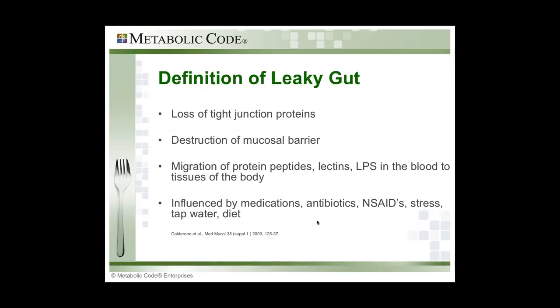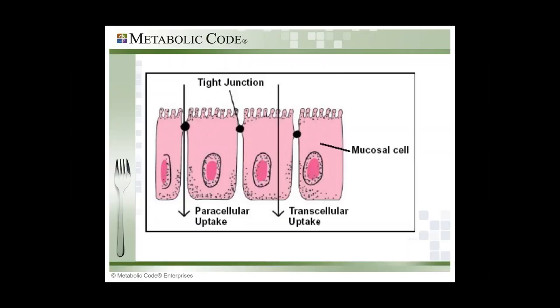And this is a nice graphic to show what the tight junction proteins kind of do. They block that between cell uptake and force things to get absorbed like they're supposed to through the villi.